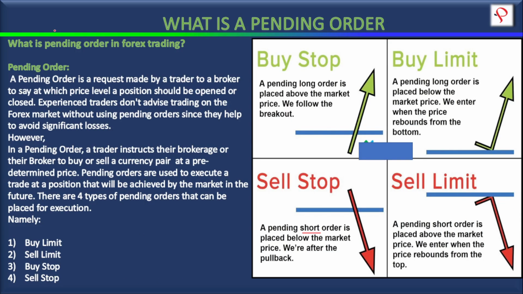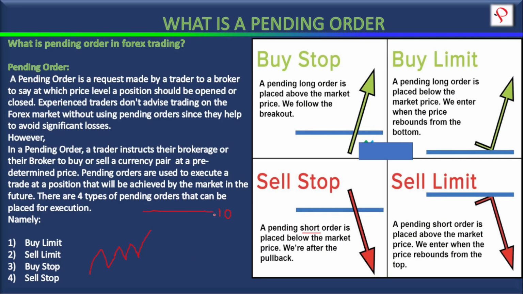So a sell limit is a pending order. Let's just assume that the market is bullish, or the market is trending up, and you have seen from your analysis that when the market gets to a particular resistance, maybe at $10, it is going to start to drop. So you can put what?